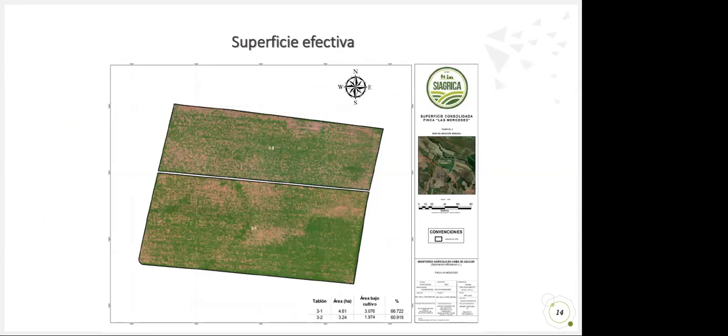Affected surface, because we can see with our eyes how much crop we have.